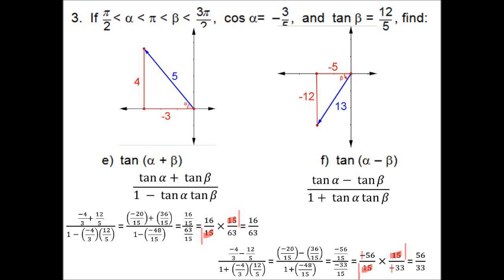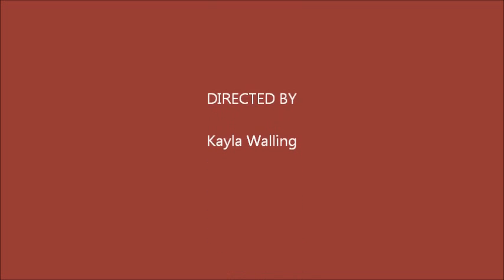Your two fractions that you end up with would be negative 56 over 15, all divided by negative 33 over 15. Flip the fractions, multiply. Negative 56 over 15 times 15 over negative 33. Here the 15's cancel to be 1. The negatives would also cancel each other out. So you'd have 56 over 33. And that, my friends, is the sum and difference identity of tangent.